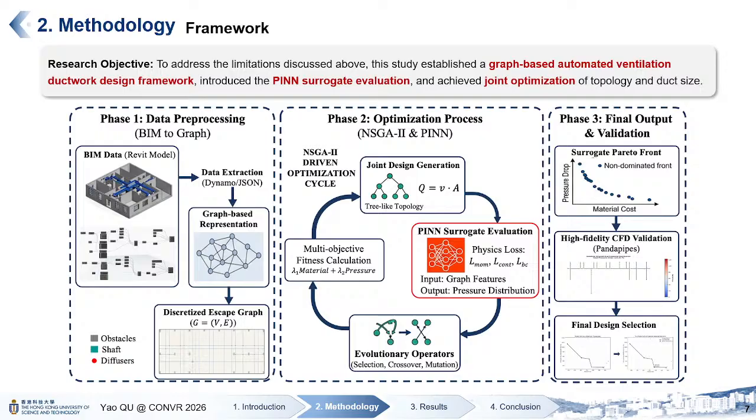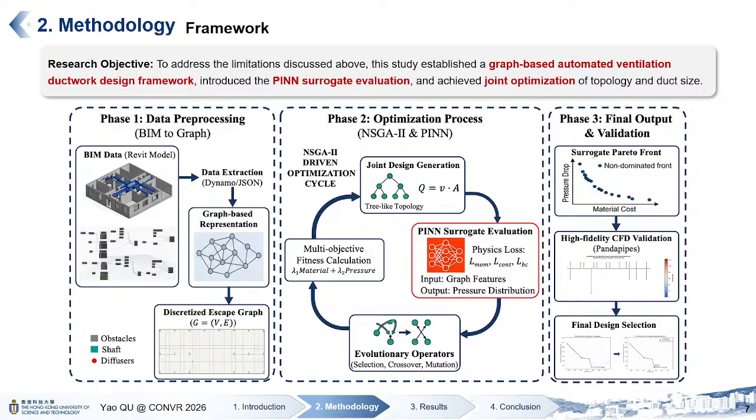Phase 1 is data preparation. First, extract the data from the BIM model, construct it into a graph-based representation, and then describe it as the escape graph. Phase 2 is the optimization process.